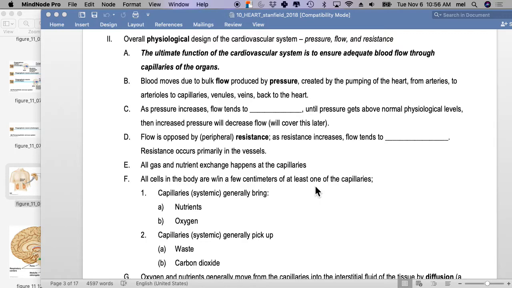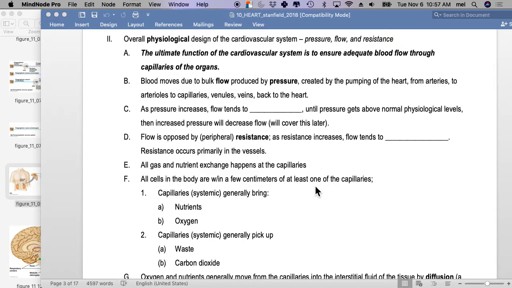And so what you did is you increased your heart rate to try to ensure adequate blood flow to capillary beds. Even though, of course, it increases your pressure and it's bad for the system over time, yes? But you were going to die today if you didn't ensure adequate blood flow to capillary beds instead of in 5 years, right? Does that make sense? So this function wins against everything else, always, okay?